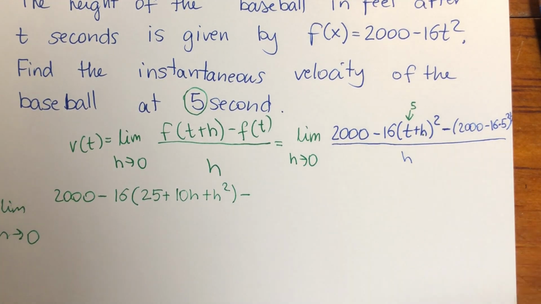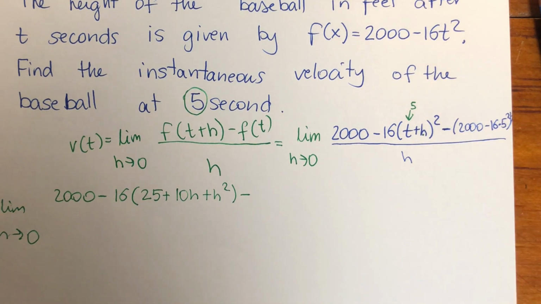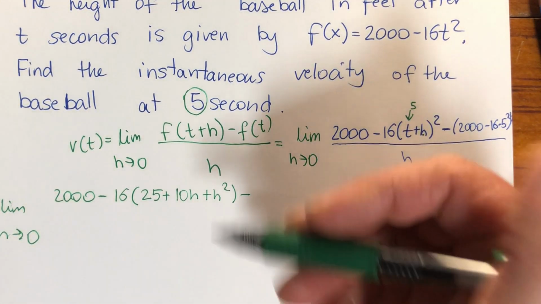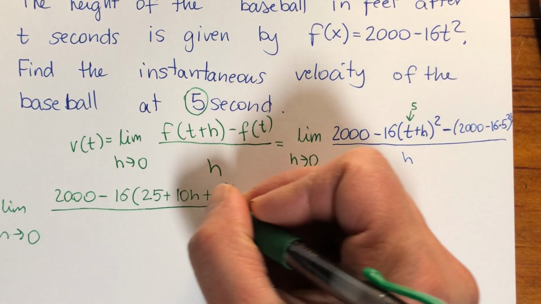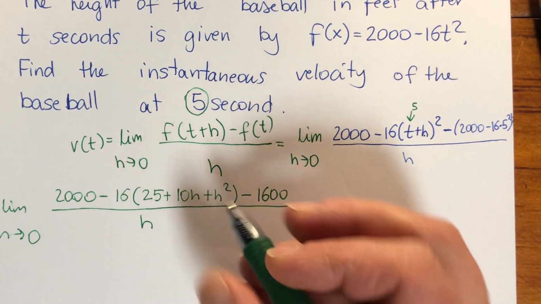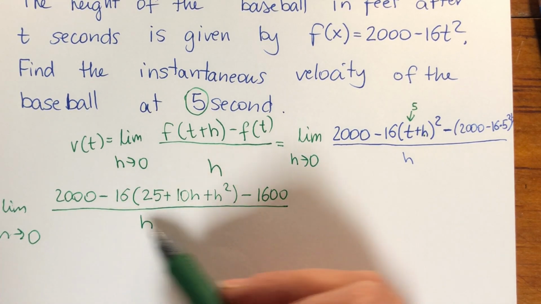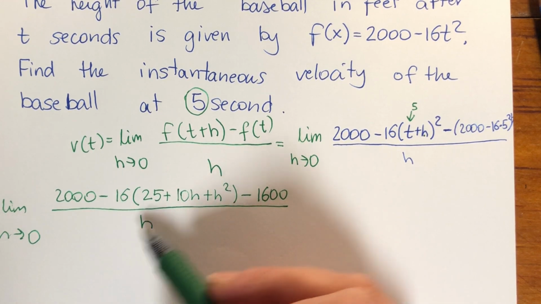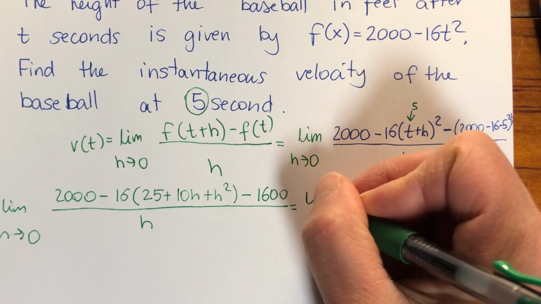Well, I think it was 1600, but let me see if it's still on my calculator. Yes, it was 1600. Again, as always, we need to keep cleaning this expression up because the h is in the denominator, h is approaching 0. This is impossible in the form it is, so we need to make sure we are able to clean it up somehow.